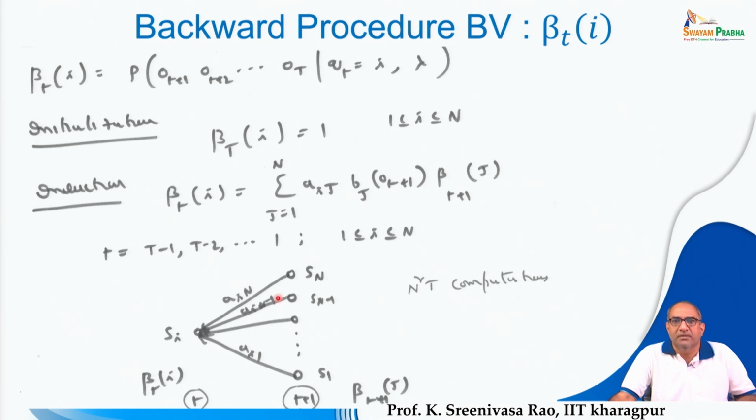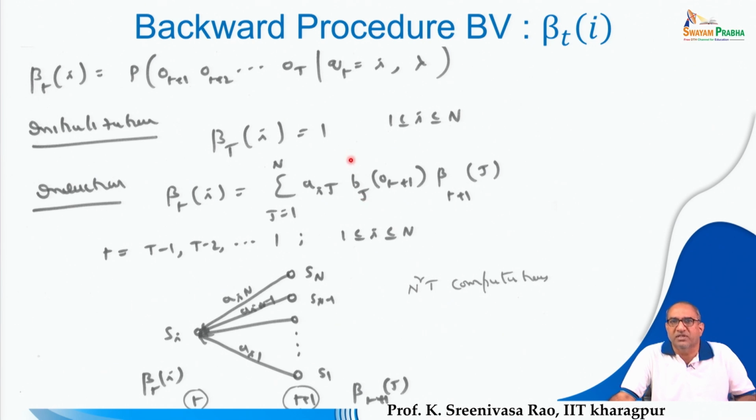The probabilities of being in one of the states at t plus 1 are taken care of by b j of o t plus 1, which is the symbol probability at time t plus 1 when the system is in state j.